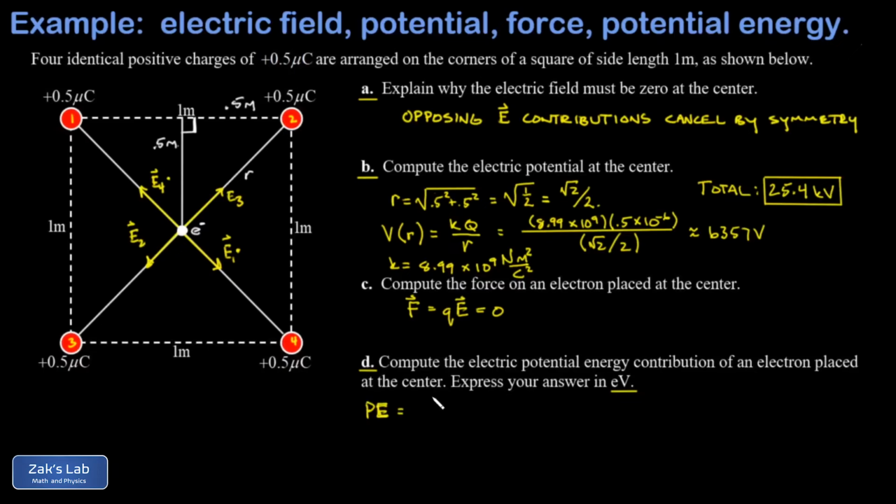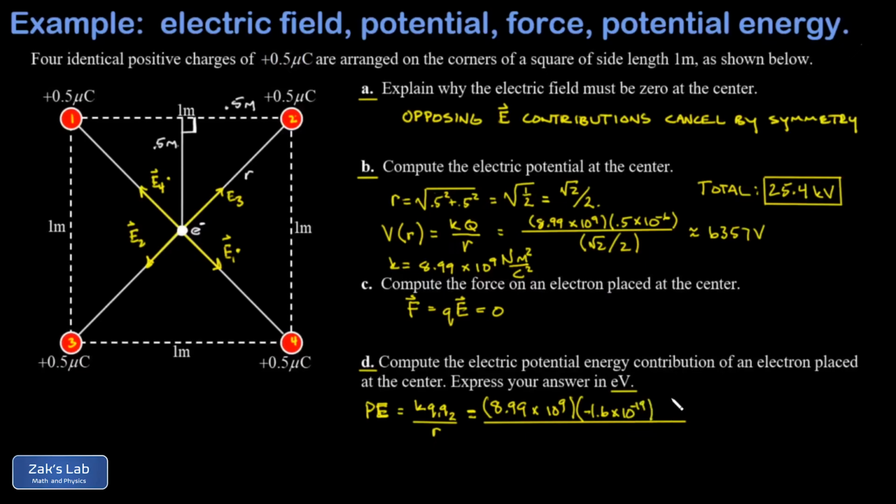So we have a formula for the potential energy between 2 point charges. And that's like this. It's k q1 q2 over r, where that k is the same one we used in part B. So to get the potential energy contribution between this electron and one of the other charges, we start plugging the numbers in. And the charge on the electron is negative 1.6 times 10 to the negative 19 coulombs.